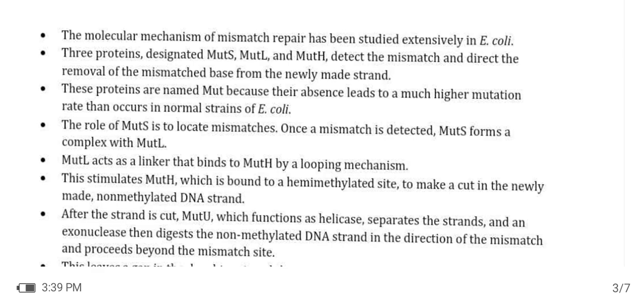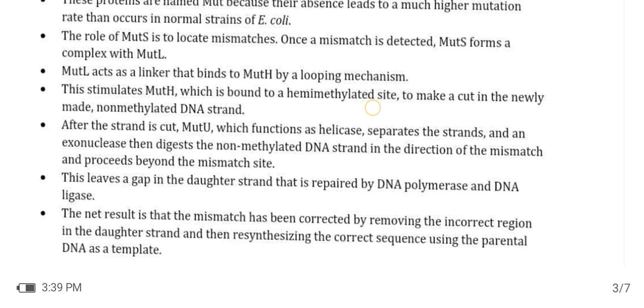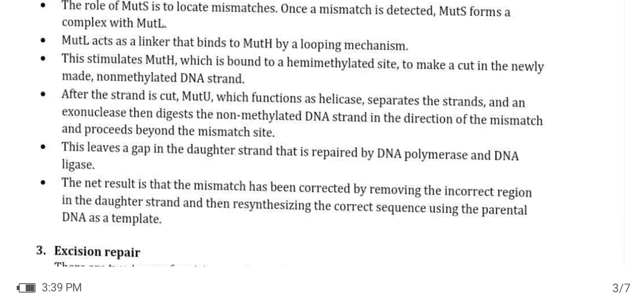Once a mismatch is detected, MutS forms a complex with MutL. MutL acts as a linker that binds to MutH by a looping mechanism. This stimulates MutH, which is bound to a hemimethylated site, to make a cut in the newly made non-methylated DNA strand.